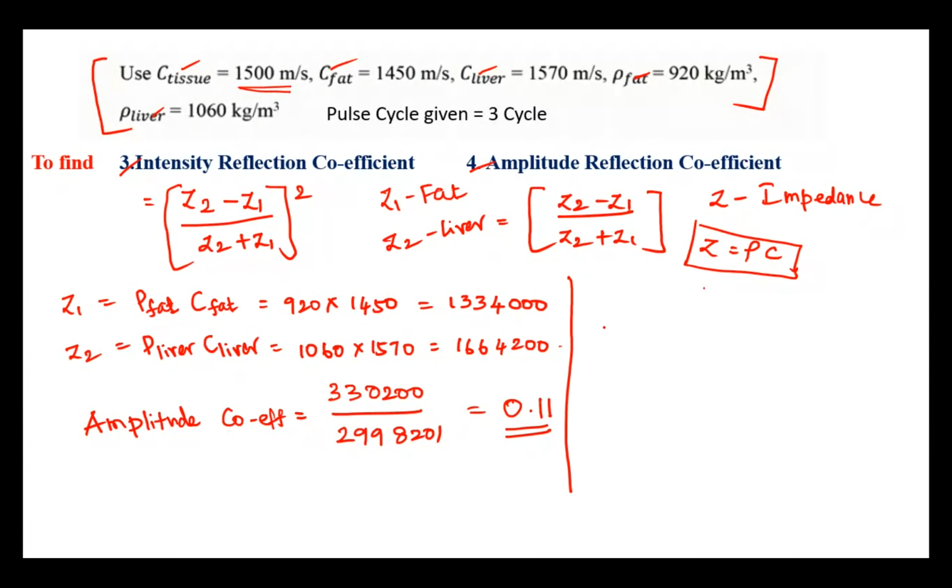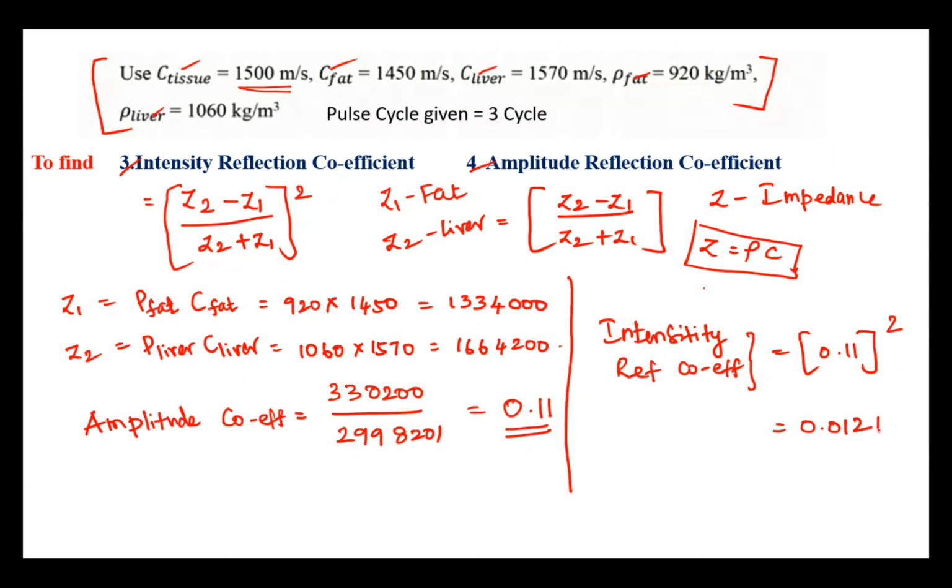Okay, and to calculate intensity reflection, just square it. What is the square of 0.11? 0.012, sir. 0.0121.